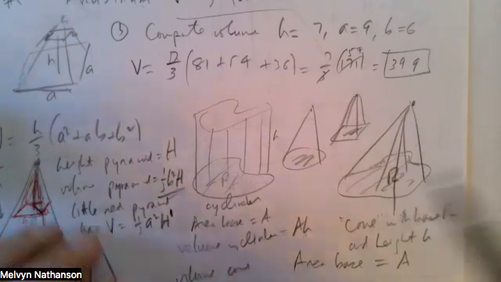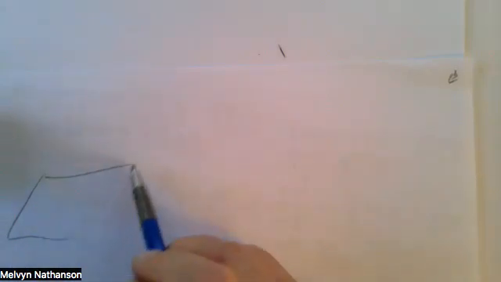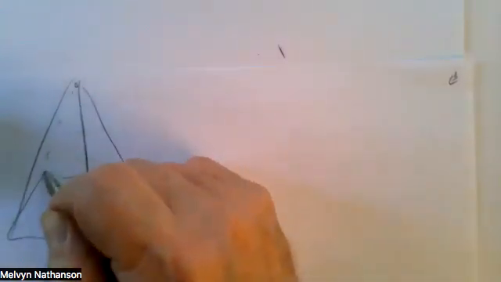I like drawing pictures, so let me just do this again. I have a square of side A, and I construct the cone over that square.